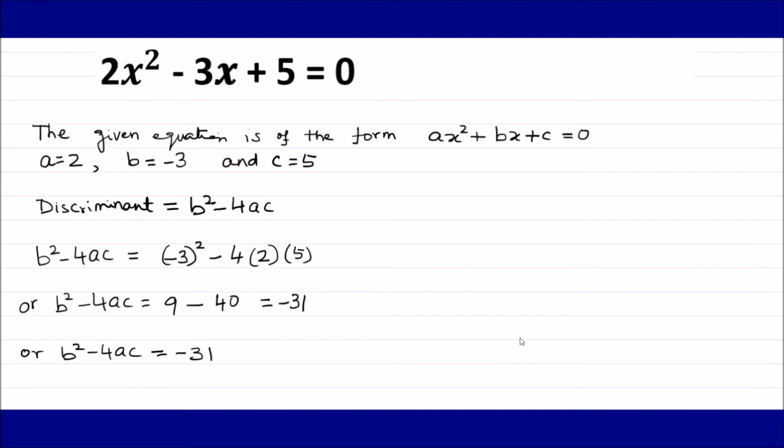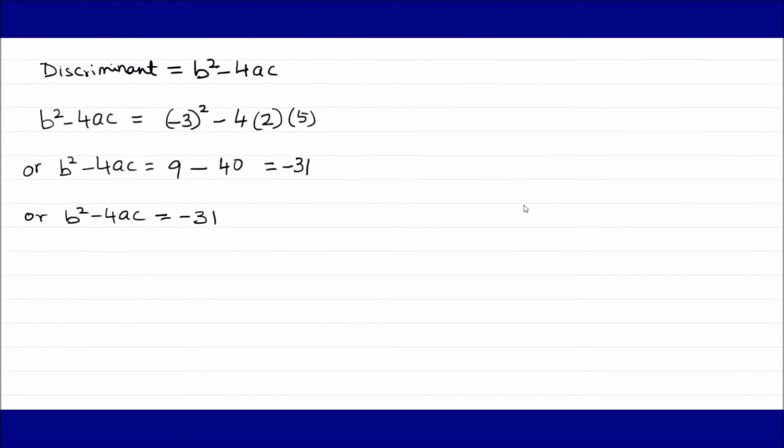In other words, b² − 4ac is less than 0. So what does it mean?